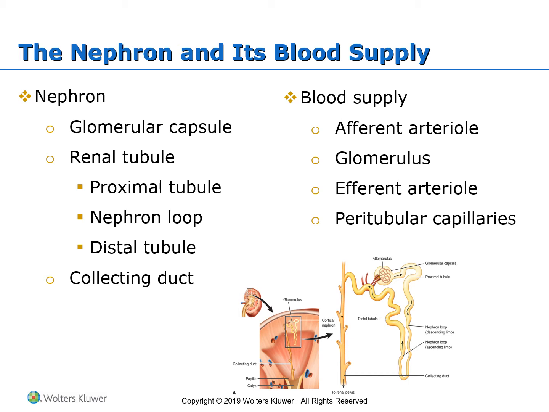The portion leading from the glomerular capsule, the first part of it, is called the proximal tubule. Proximal means the first one. After that, it untwists into a structure with a hairpin-shaped segment, and this whole segment is called the nephron loop, or the loop of Henle.